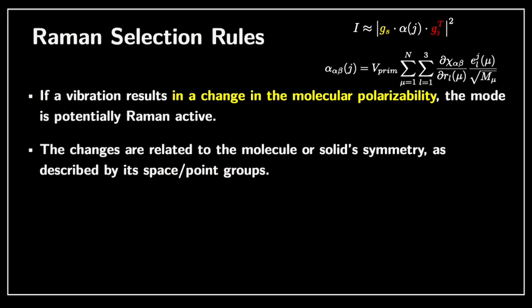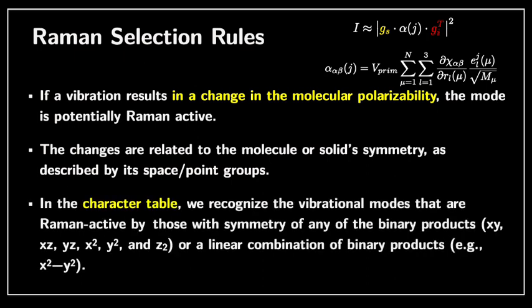So what you need to do Raman is to understand a little bit about what character tables are for symmetries. Of course, this short screencast is not going to include that. It should be another screencast altogether. But the point is, the Raman activity, not the Raman intensity, can be obtained from the character table, and I'm going to show that in two or three examples just to be clear.